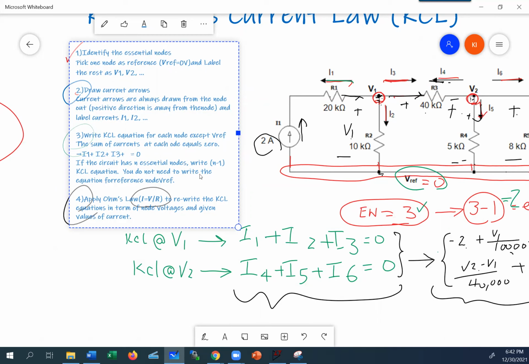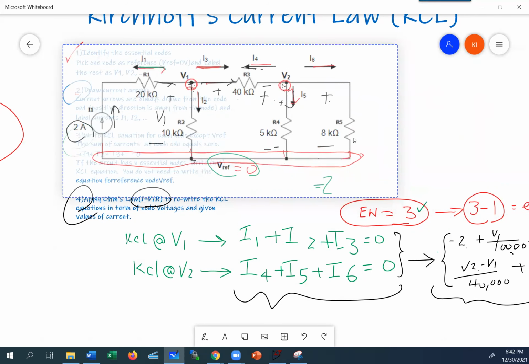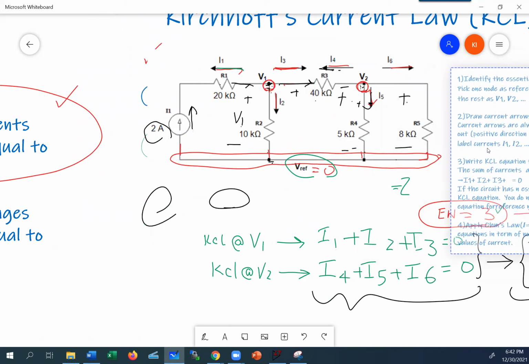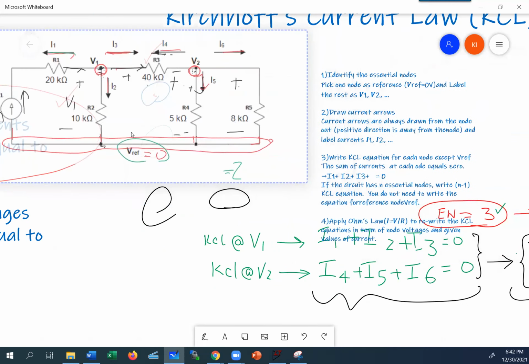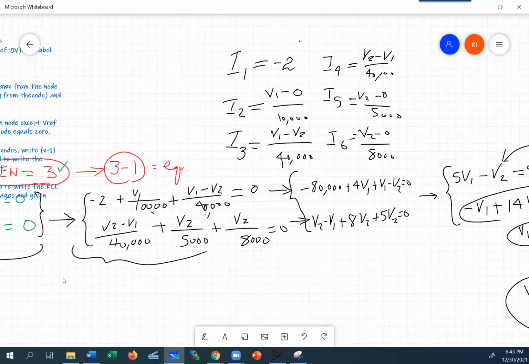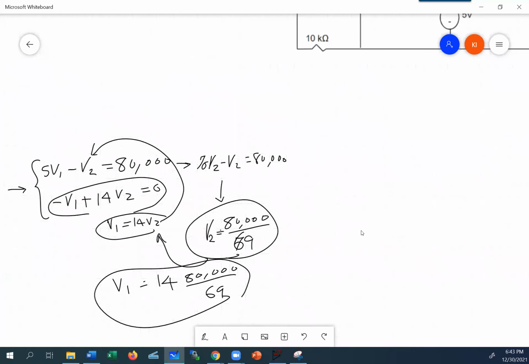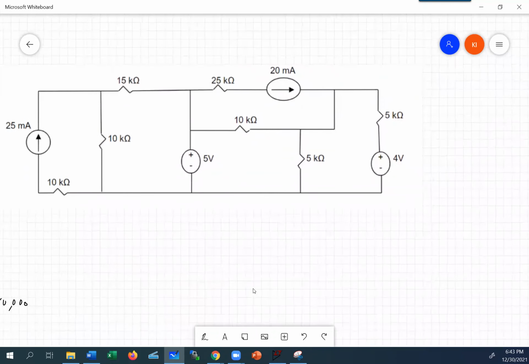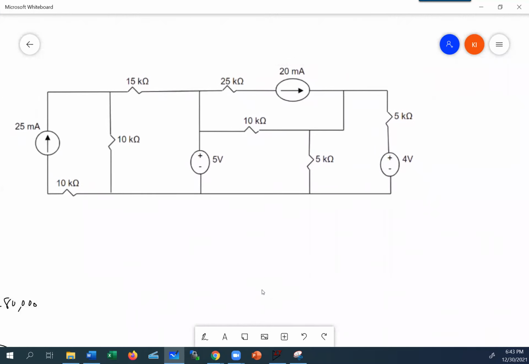I'm going to just go ahead and grab this piece if I can, and put another circuit in here. I think this is one of the last problems, problem 15 in the homework that you have to work on. I'll put it up here.